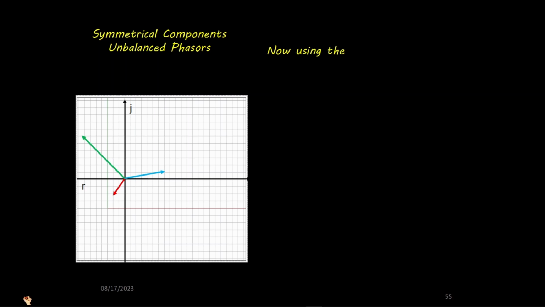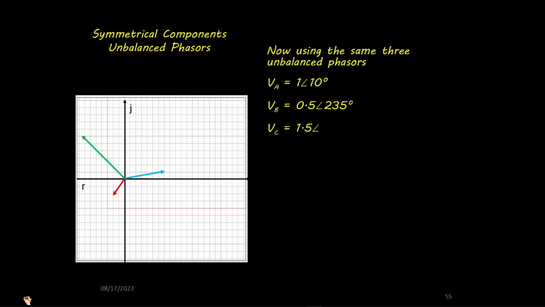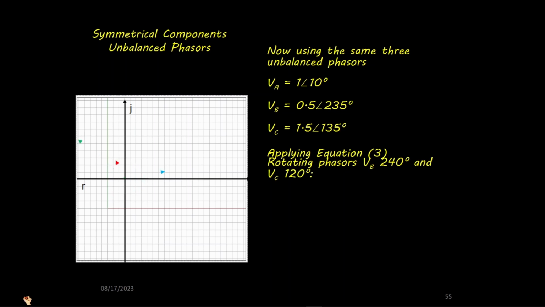Now using the same three unbalanced phasors, VA equals 1 at 10 degrees, VB equals 0.5 at 235 degrees, and VC equals 1.5 at 135 degrees, applying equation 3 rotates phasors VB by 240 degrees and VC by 120 degrees.